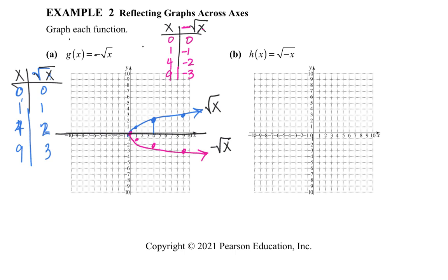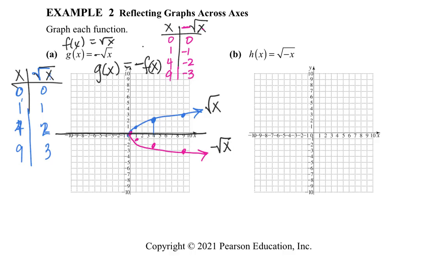So if our f of x is the square root of x, then what we did is we said g of x is negative f of x. So it's out front, kind of like the 2 was in front. So we said it changed vertically, changed your y values.